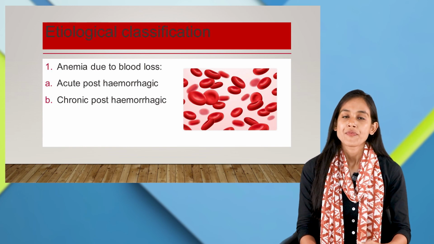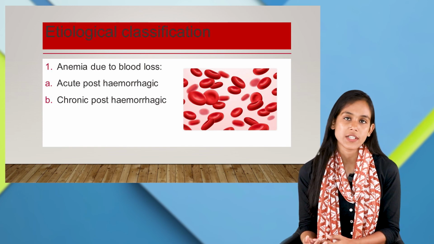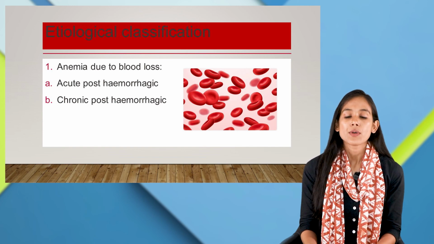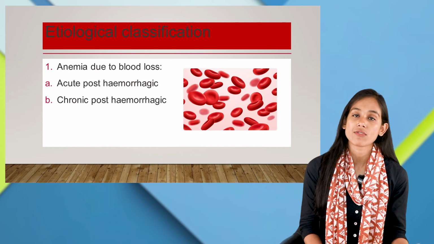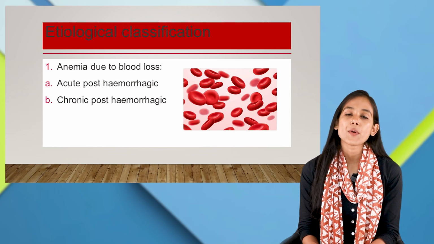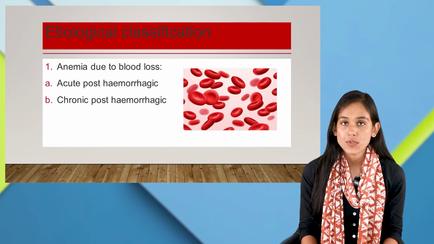The production is proper, but due to increased loss, the child is having less hemoglobin. Increased loss can be due to hemorrhage, or increased destruction. So etiology majorly can be of these two types.